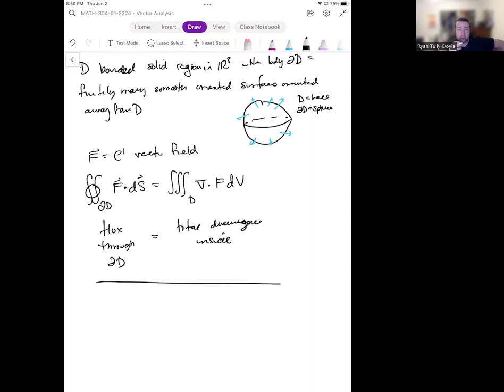Green's theorem, Stokes' theorem, and Gauss's theorem are the three central theorems of vector calculus.